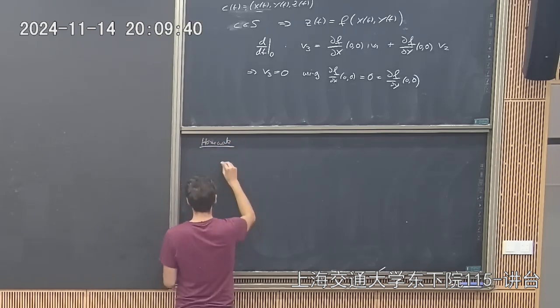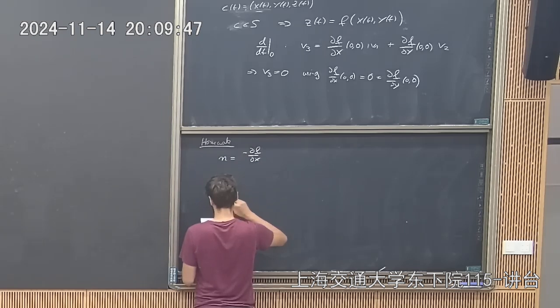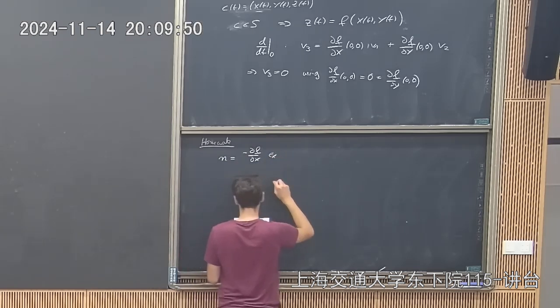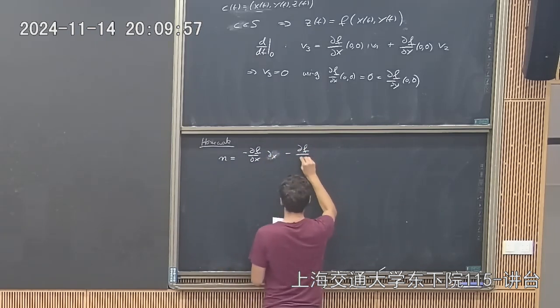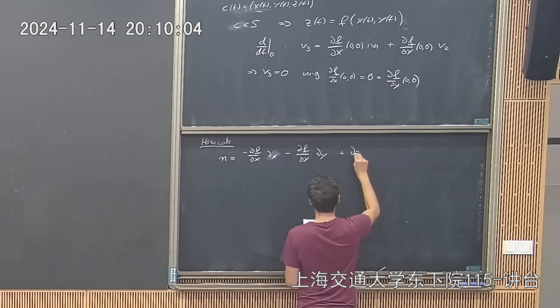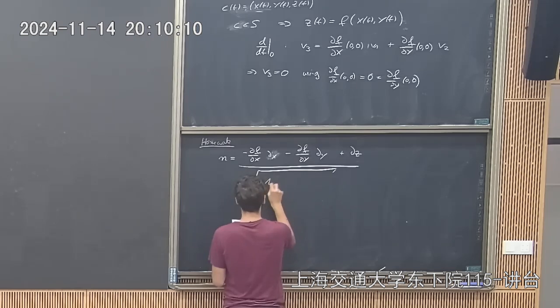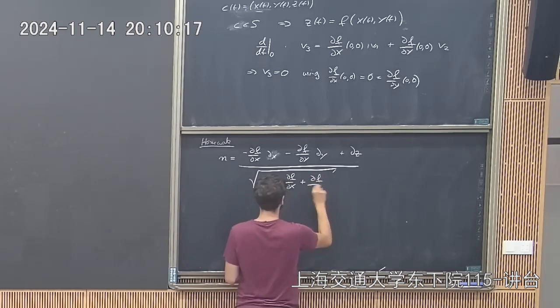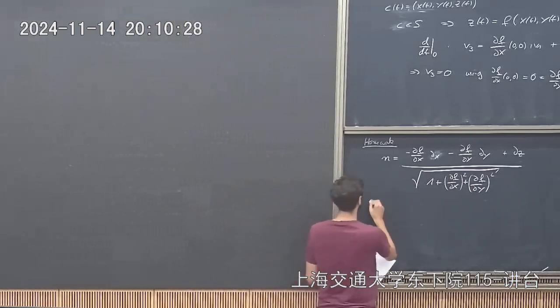Homework is to show that the following normal vector field expression defines a unit normal vector field.